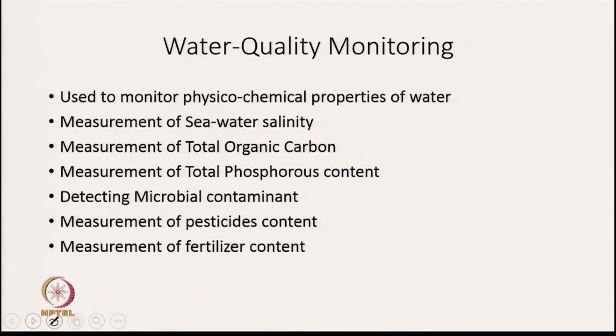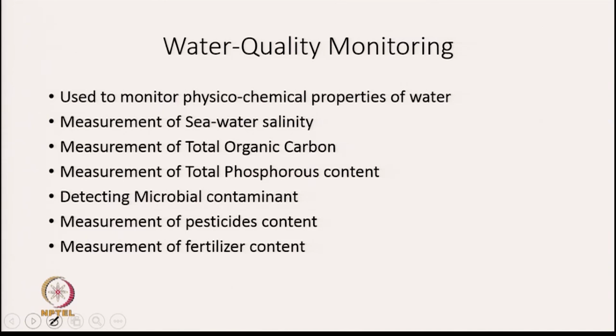It can also be used for water quality monitoring. You can monitor physico-chemical properties of water. It can be used for measurement of seawater salinity, total organic carbon, and total phosphorus content. It can be used for detection of microbial contaminants.